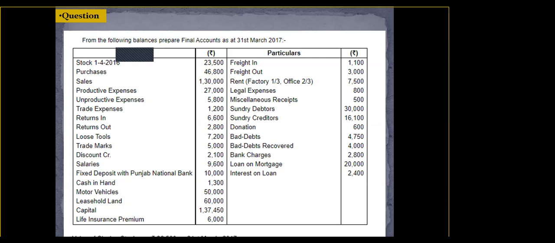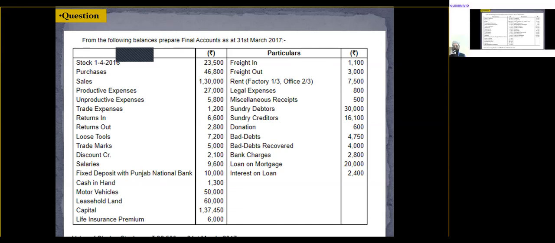Hamad. Yes, sir. So return out basically means return outward, and return outward basically means purchase return. So purchase return is given in the question by the name of return outward. So we will be writing the value of the purchases on the debit side after reducing the value of the purchase return.